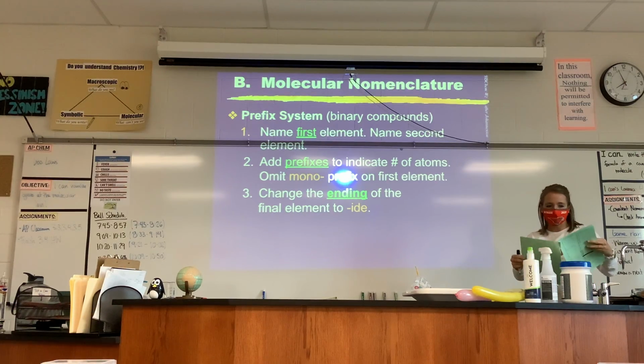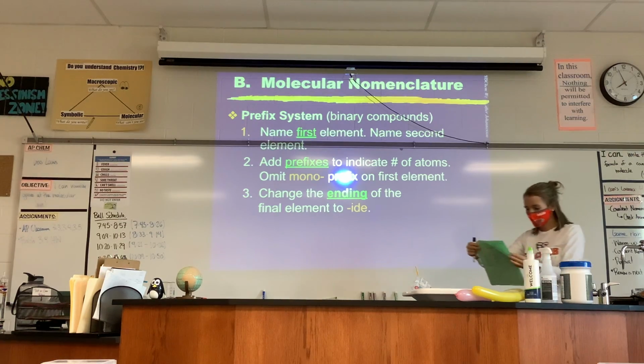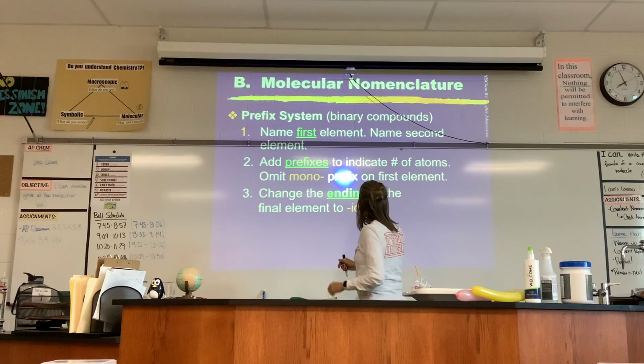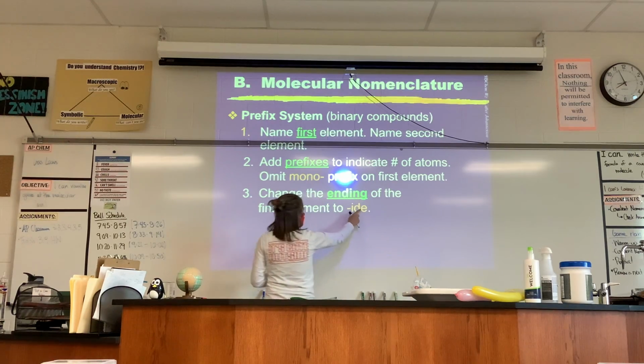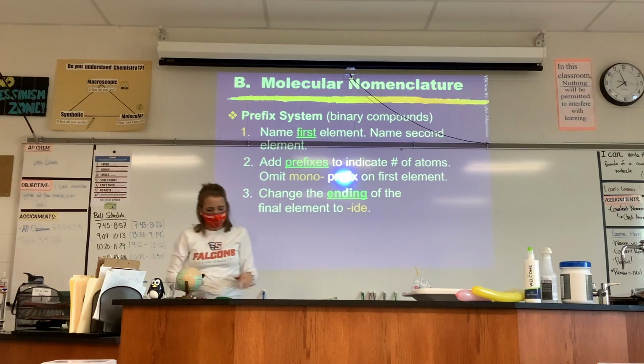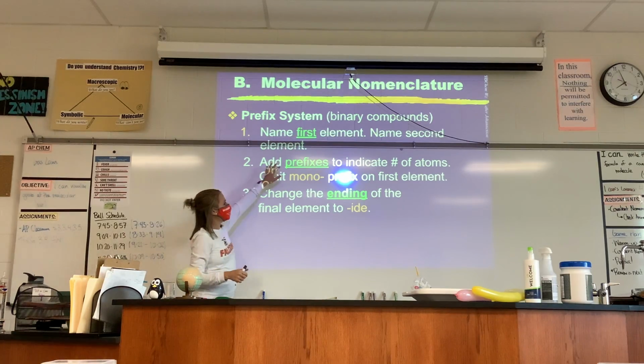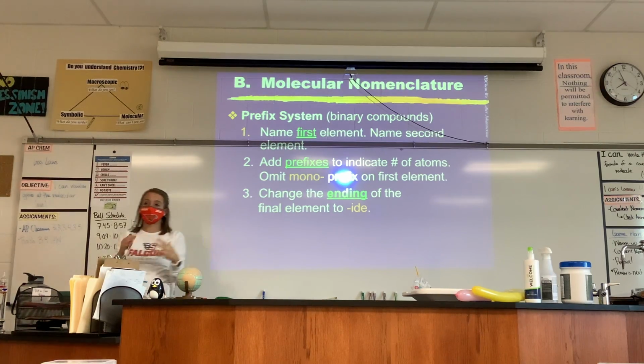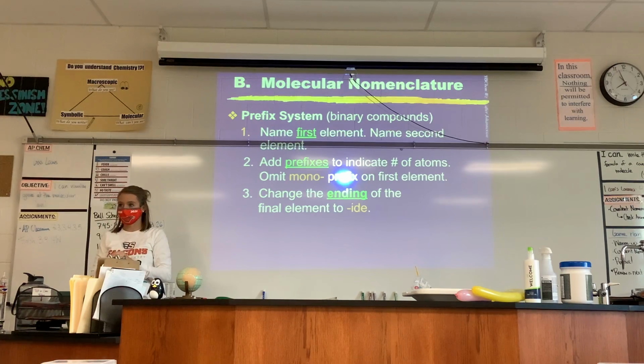Keep them in the order that it's written. We do have the same thing where we end it in "ide". But the difference is we're going to add a prefix to indicate how many of each element we have.